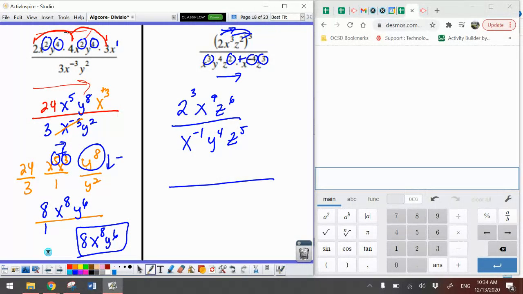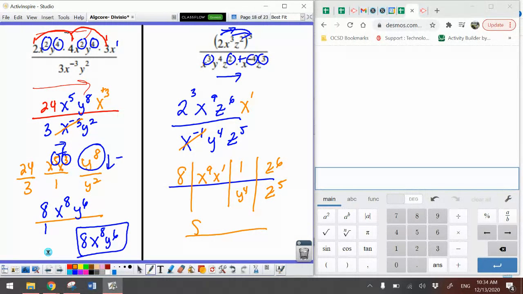Okay, let's try to simplify a little more here. Now I see that I have one negative power. So this one needs to go away and move to the top. So 2 to the third, that's 8. I'm going to just leave that alone. Now I see I have an x^9, an x^1, and a y^4 on the bottom, but no y's on top, and I have a z^6 and my z^5.